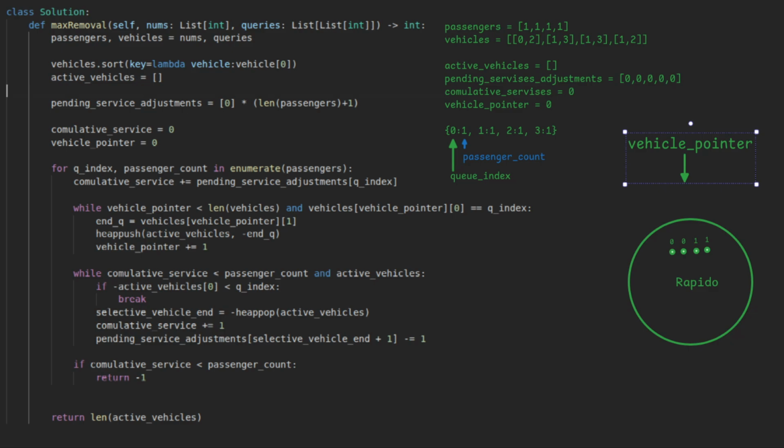Let me make this of another color. Oh, what happened? Oh, yes. Okay, so okay.